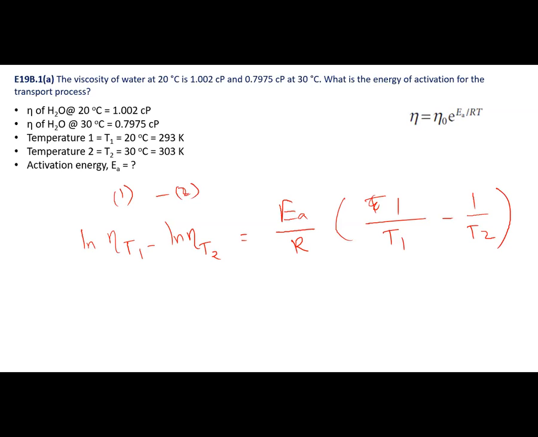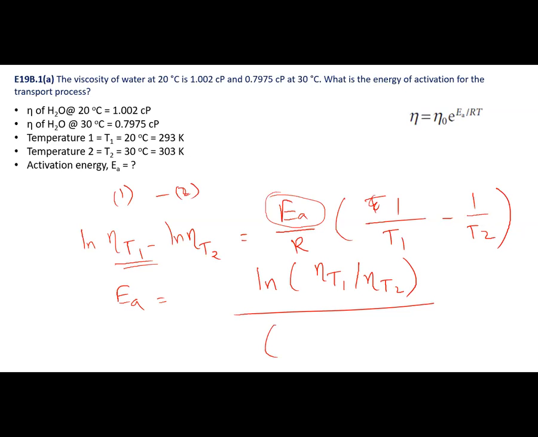We need to find the activation energy, so let's take this to the left hand side of this equation. So EA is going to be, and I can rewrite this term as ln of eta sub T1 over eta sub T2, the whole thing divided by 1 over T1 minus 1 over T2, and times R.